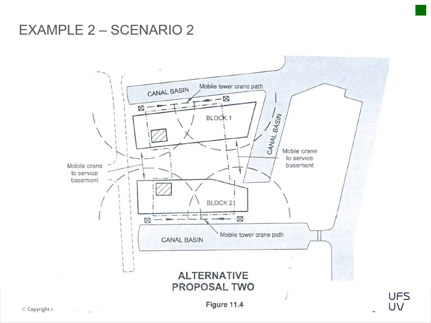Okay, so this is the scenario, and what they've got here is one crane on this side, one crane on this side, one on that side, one on that side, and you've got a crane path. So they move from the one side to the other side. There's little sections here where they don't have access, but they use a mobile crane to service these areas.